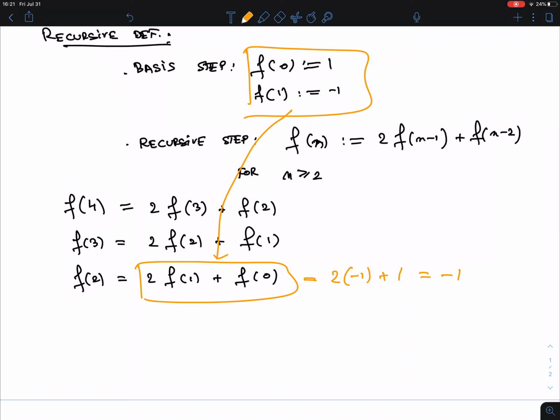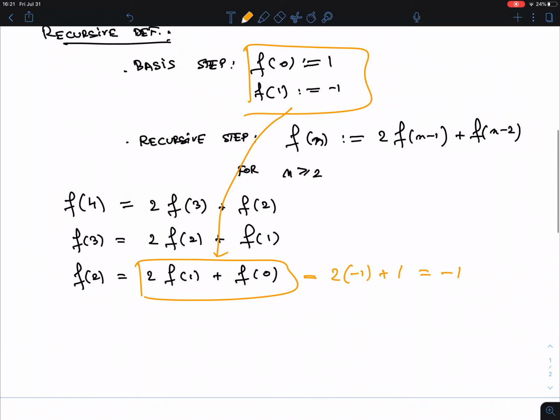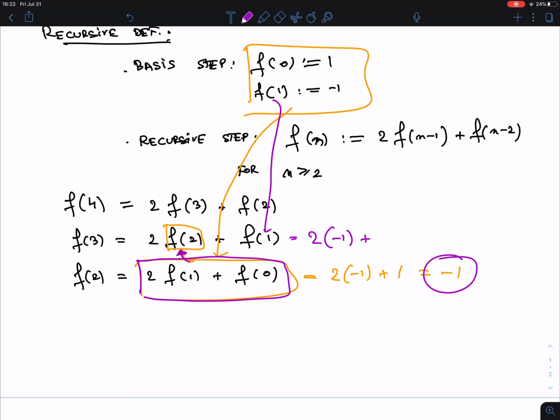Can I now do F3? Well, F2 I just calculated, so it replaces this one. This is the value that I have now. What about F1? That's given. Let's do this in another color. So we get 2 times F2, that is negative 1, plus F1, that is negative 1.